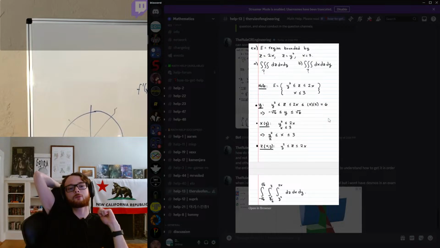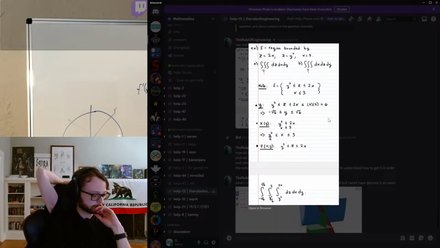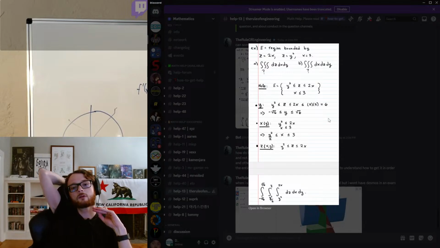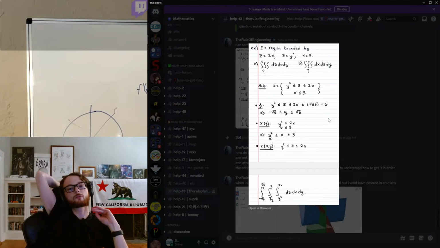So, okay, z equals 2x is a plane that goes through the origin. It goes through the xz axis. Z is also y squared.